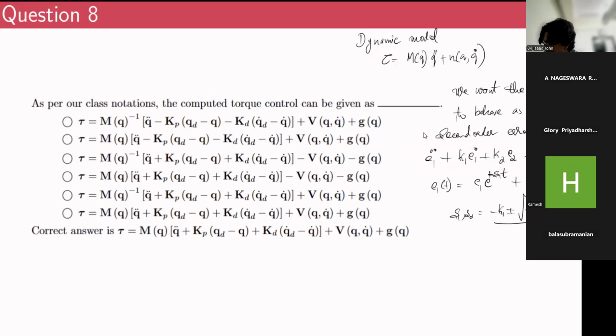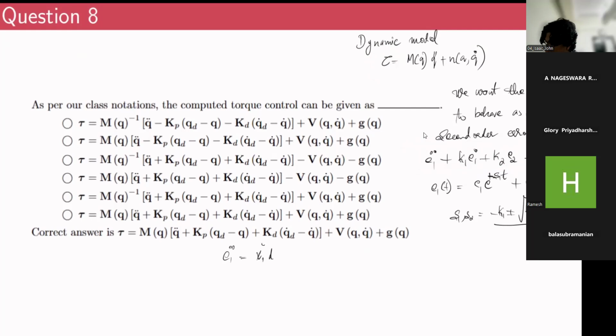Instead of e double dot, I'm going to substitute q desired double dot minus q double dot, since e double dot is the second derivative of the error. And for the expression of q double dot, I'll obtain it from the actual dynamic model of the robot.